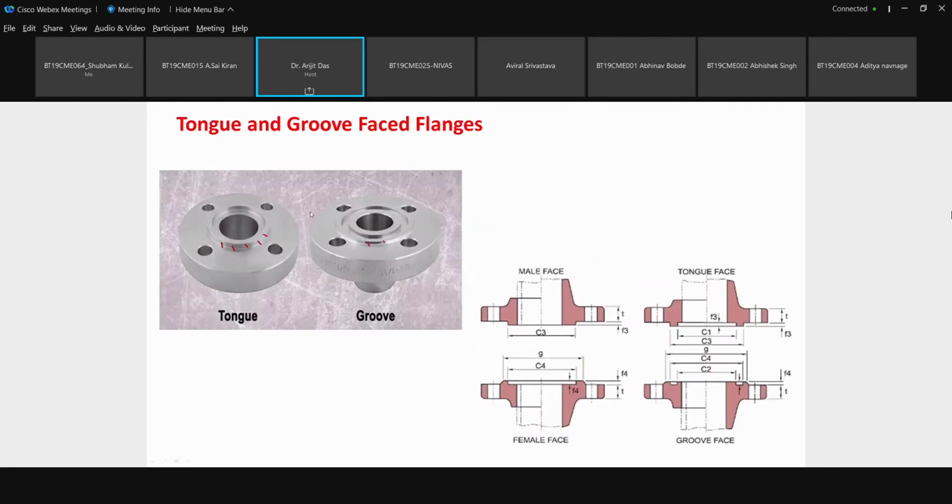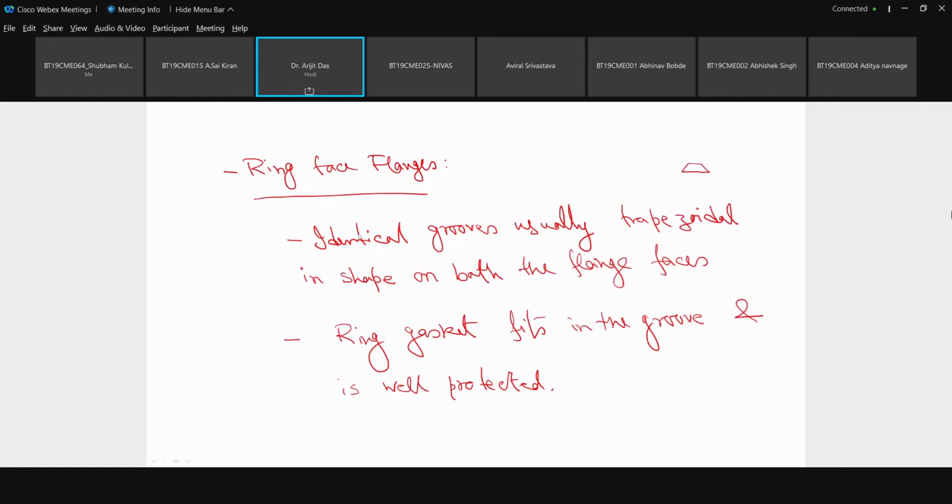Okay, in the tongue and groove, male and female, the faces are not identical. But here, in the ring face, the identical grooves are usually trapezoidal in shape on both flange faces. And this is the ring gasket, it fits in the grooves and is well protected.